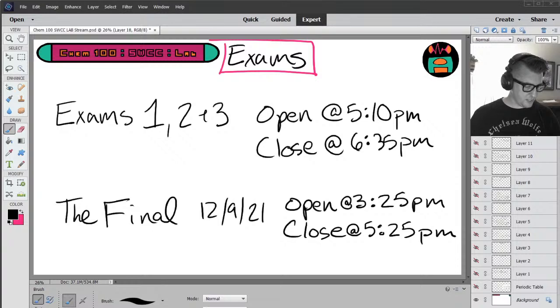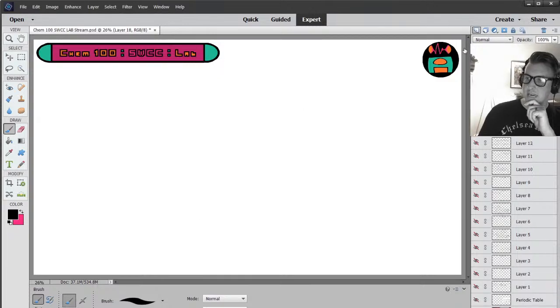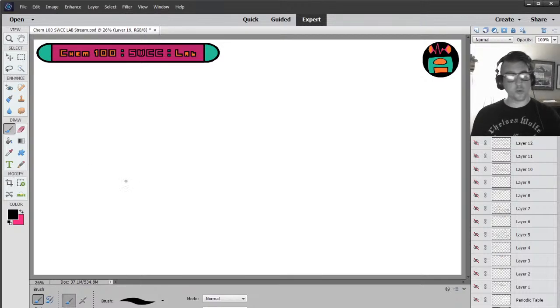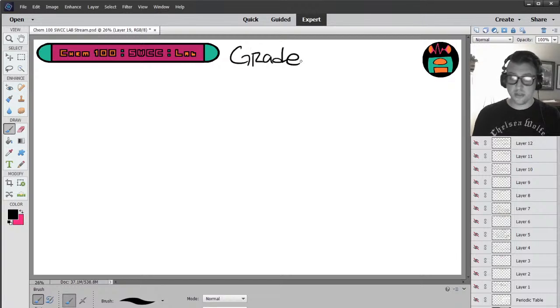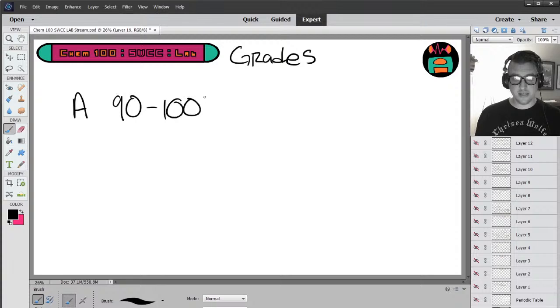Pre-Req exams, final exams. The syllabus has what the percentage is of all the assignments, both lecture and lab. They all contribute to the same grade. And this class is not curved. Grades are a straight scale. So an A is if you have 90 to 100%. A B is 80 to 89%.